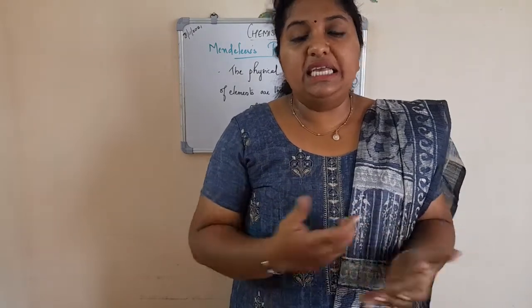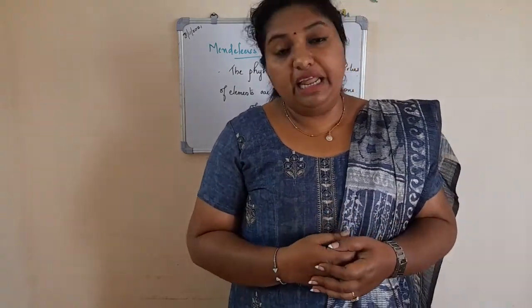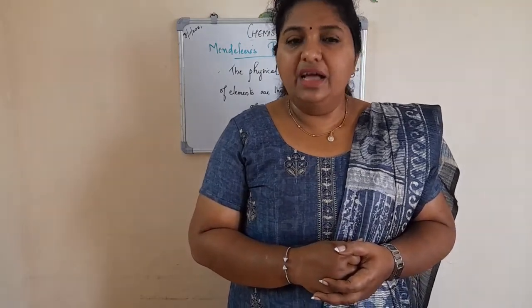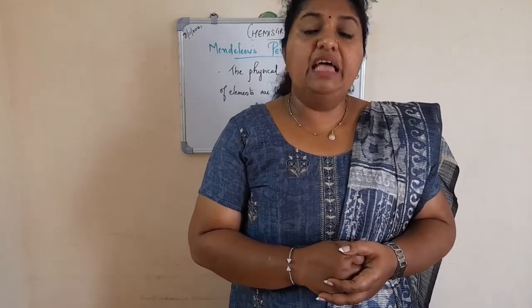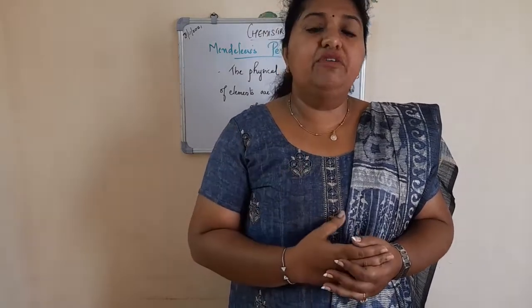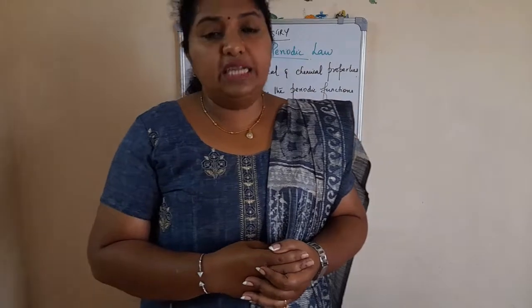So when we are discussing a lot of advantages of Mendeleev, I hope that there will be some limitations also, isn't it? Yes, it was true. There were some limitations of Mendeleev's periodic table.